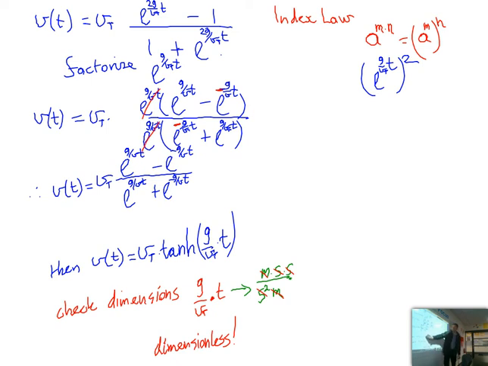Okay? So it's just some proportion, some constant number, multiplied by velocity, and that's what we want, a velocity. Okay? Overall. Yeah, very good. So that there is the velocity of an object falling under quadratic air resistance.